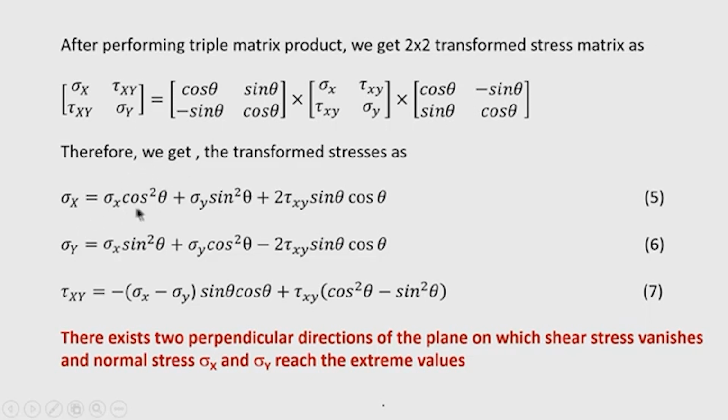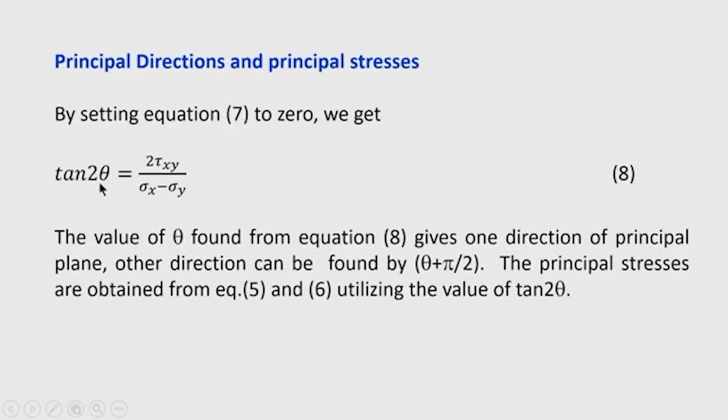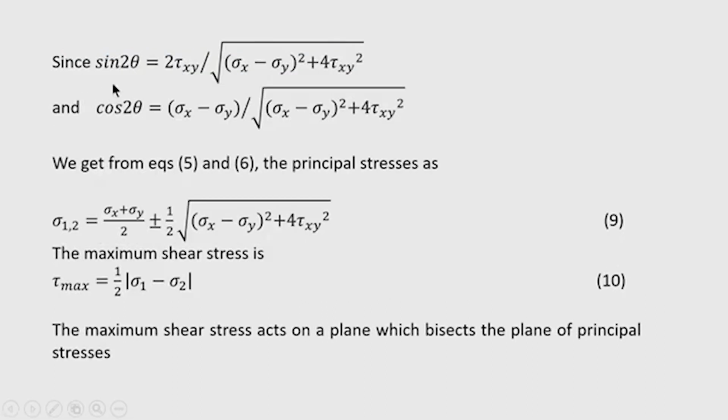Now, here a question arises: the cos square theta and sin square theta are there, but the actual result is obtained in terms of tan 2 theta. So, we can convert this tan 2 theta into sin 2 theta and cos 2 theta simply by using the Pythagoras theorem.